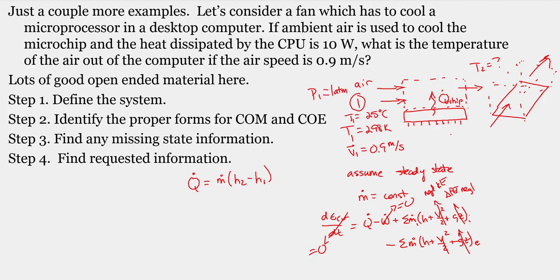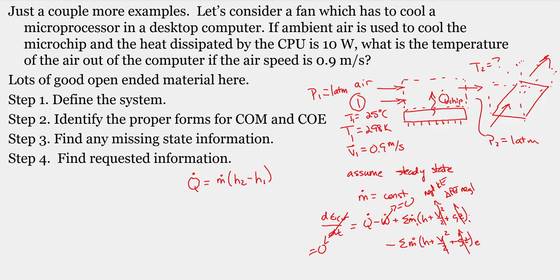At the exit state, our desktop is on our desk or our laptop is on our lap, which means the pressure at the exit is going to be 1 atmosphere too. Now, often people will have a knee-jerk response to say it's a constant pressure process. That's overstepping your interpretation. We don't know that that's a constant pressure process. We just know that at the entrance and at the exit, we're going to end up on the same isobar.